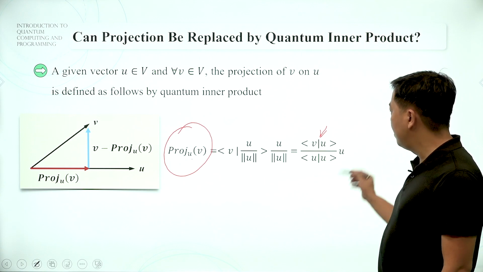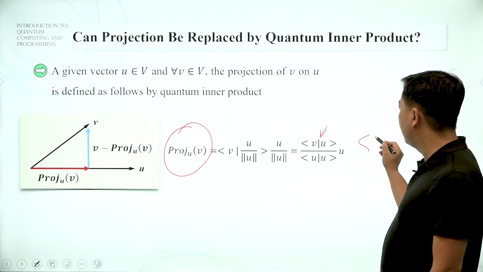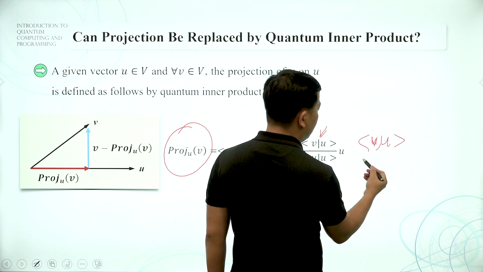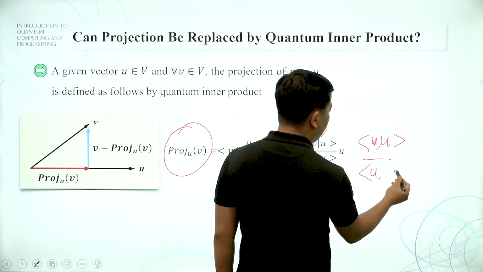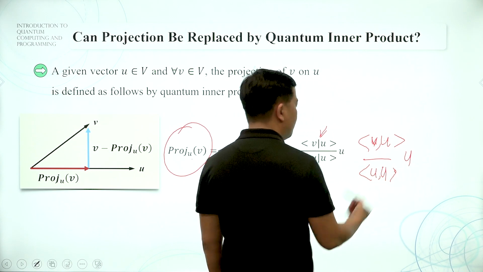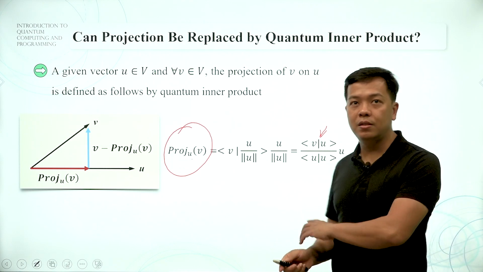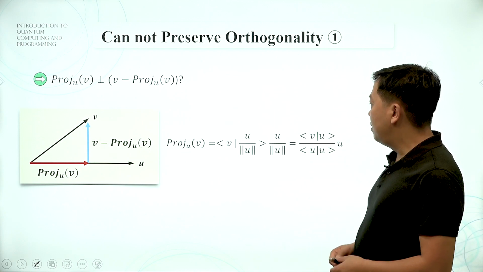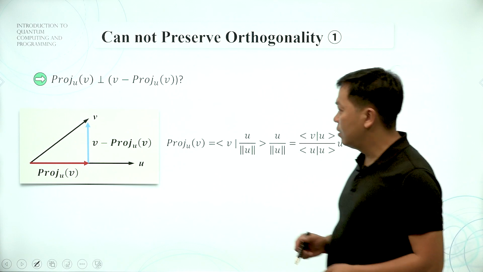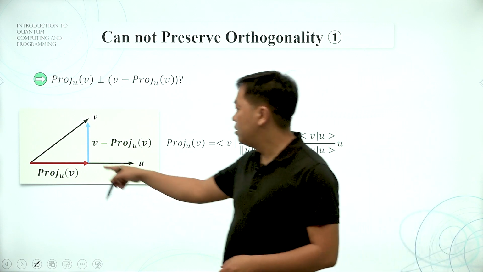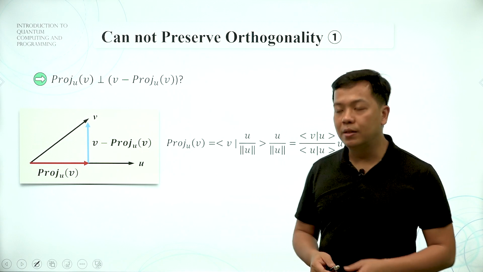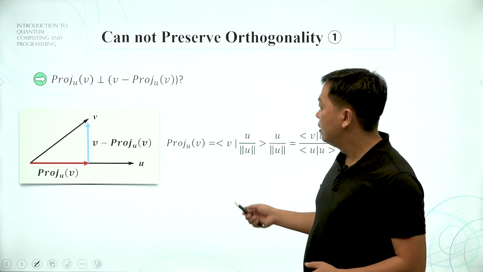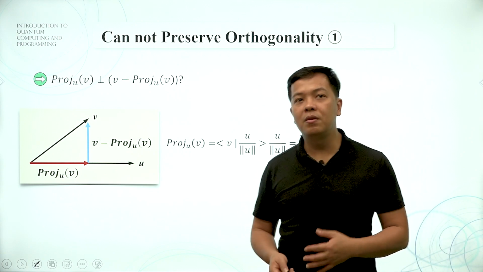If you see over here, it is similar to the previous one, equal to v and u. The previous one is the standard inner product, and this is the quantum inner product. But if you want to calculate the value between these two in the quantum inner product, it cannot preserve orthogonality.